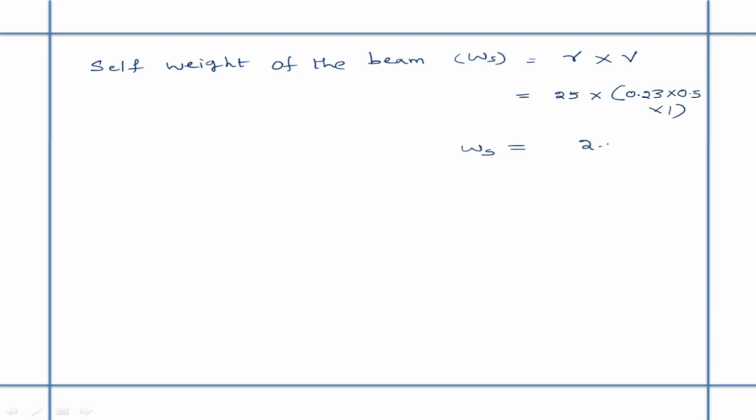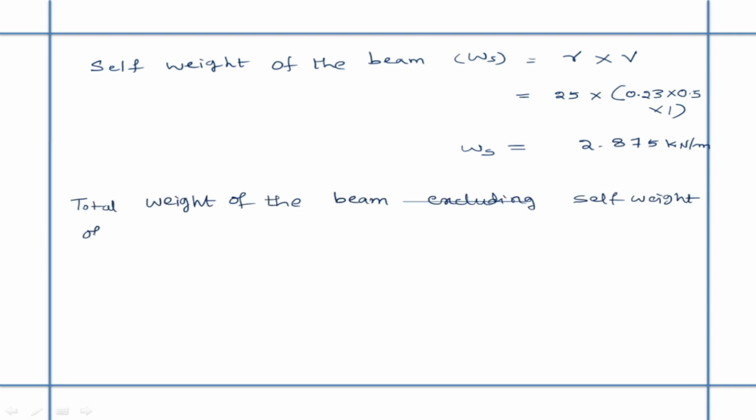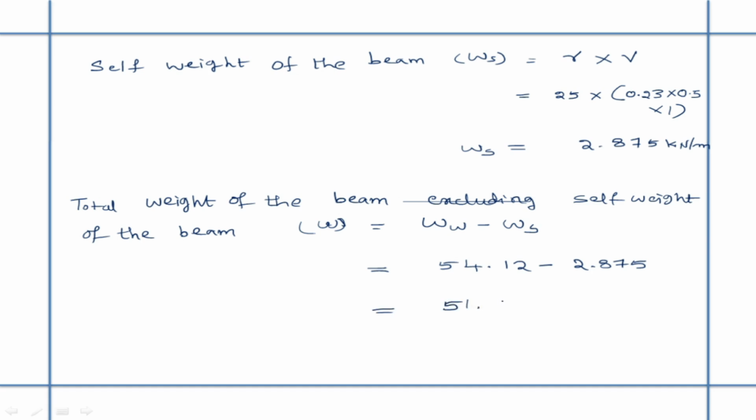Ws is equal to 2.875 kilonewton per meter. Now calculate the total weight of the beam excluding self weight of the beam. So W is equal to WW minus Ws. 54.12 minus 2.875 kilonewton per meter, which is equal to 51.245 kilonewton per meter.